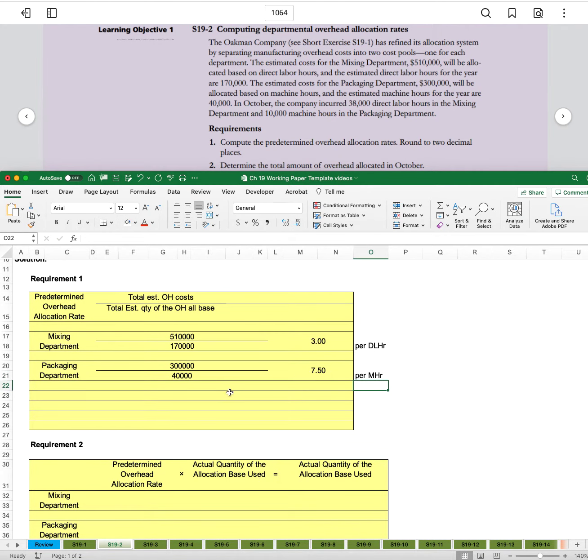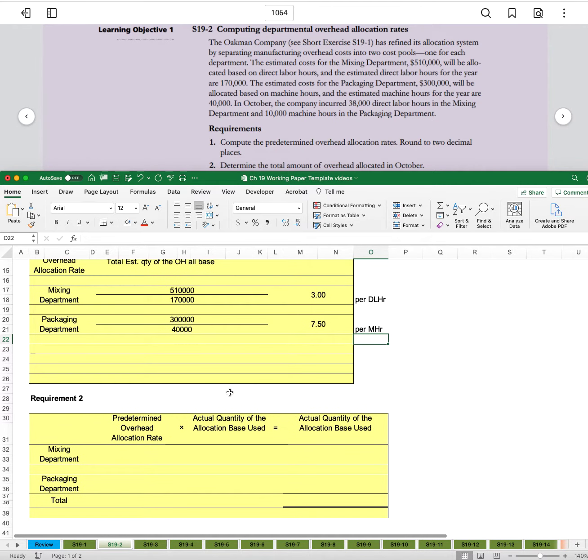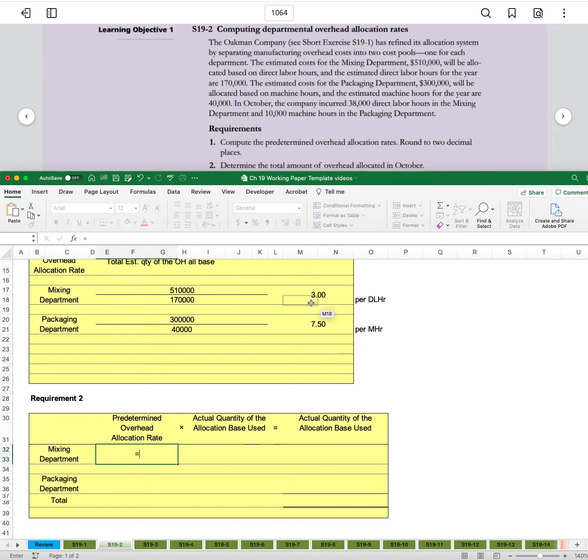Now that we have those rates, we can use them to determine the total amount of overhead that was allocated for October. And so we need to pull down the rate for the mixing department, which was $3, and we can pull down the rate for the packaging department of $7.50.